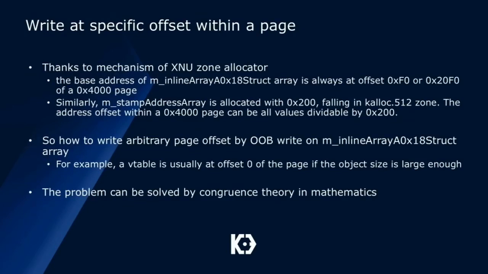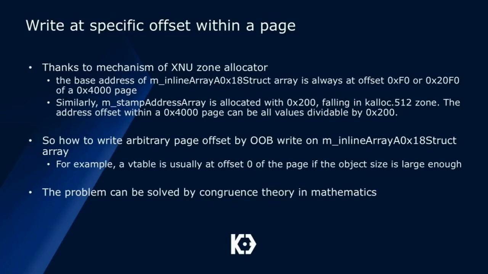The first fact is good news. Thanks to the mechanism of the iOS XNU zone allocator, the base address of mInlineArray is always at offset 0xF0 or 0x20F0, because it is a field in some bigger object, which is 0x2000 in size.